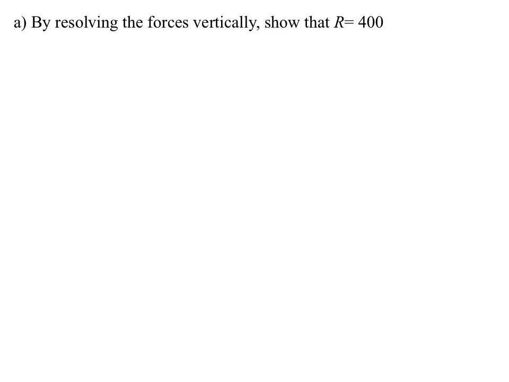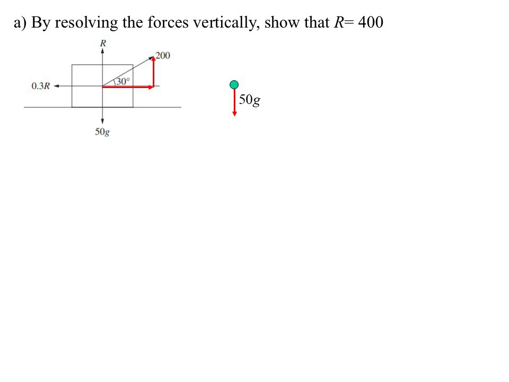Okay, so if I just look at the vertical forces, the one going off at an angle I need to resolve into horizontal and vertical. Going down would be 50g, going up is the force I'm trying to find, that contact force, but also we've got this force of 200, and it would be sine 30 because it's opposite the 30 degrees there.